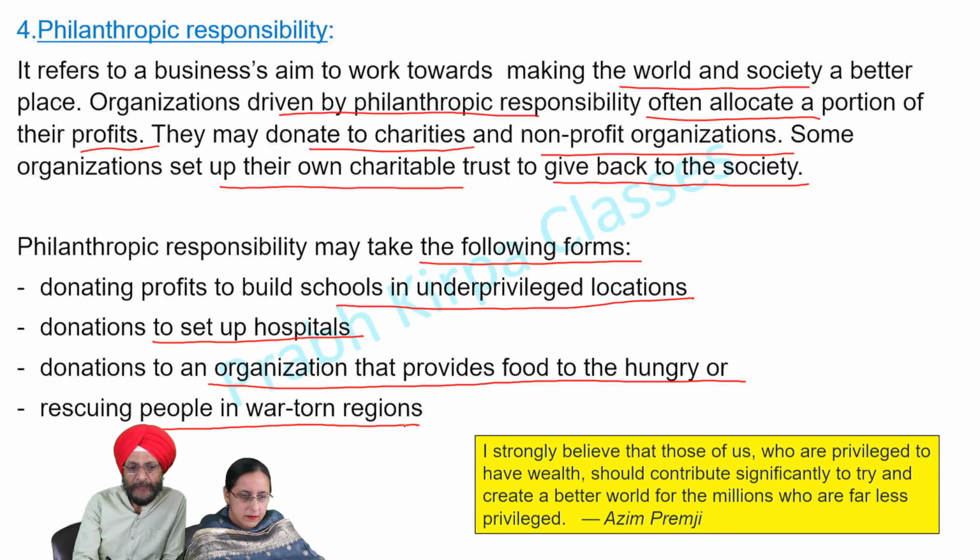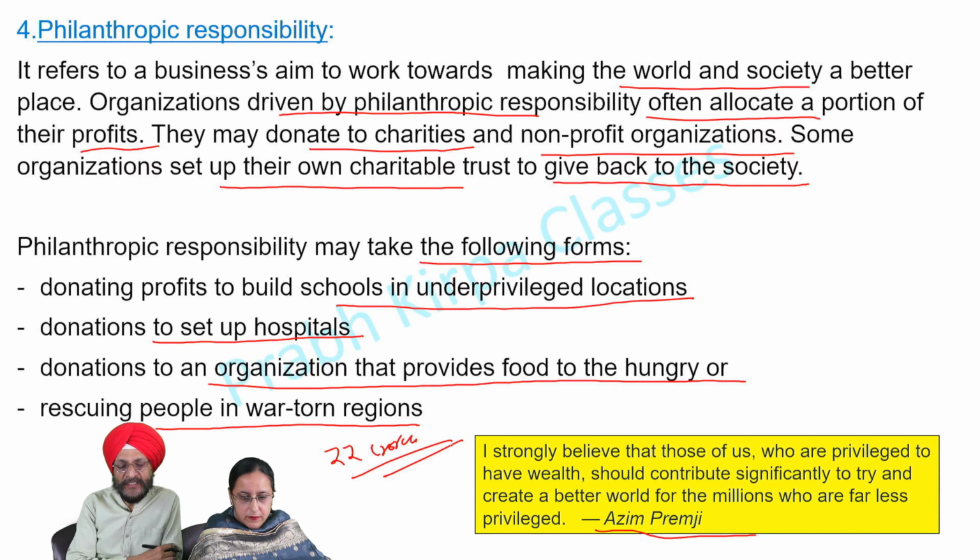During COVID-19, when most of the businessmen were busy making money through whatever means they could, philanthropists like Azim Premji donated about rupees 20 crores per day towards the welfare of the society.